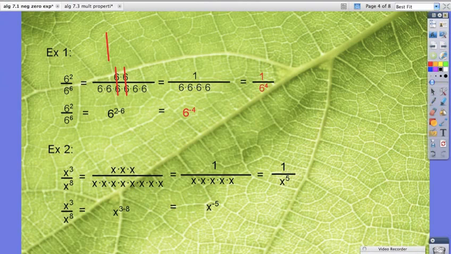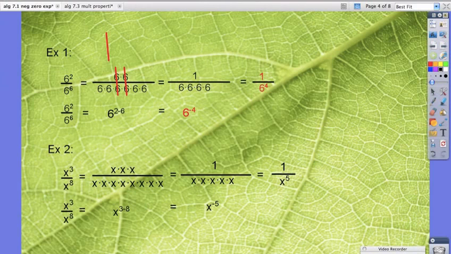If we use our division rules, and hopefully you would know that when we divide exponents with the same base, we subtract the top minus the bottom. So that would be 6 to the 2 minus 6th power, or 2nd minus 6th power, which would give you 6 to the negative 4th.